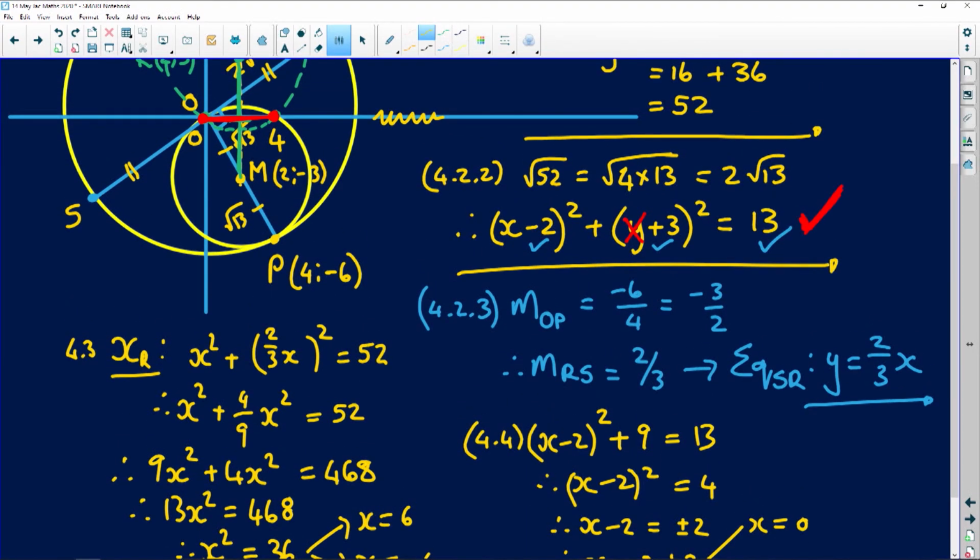Not that we needed that information, but remember we needed it to find where the common chord is. Once we saw where the common chord was, we saw, but hang on, we don't really need this. We just need that x-intercept. And that will give us the length of that common chord.